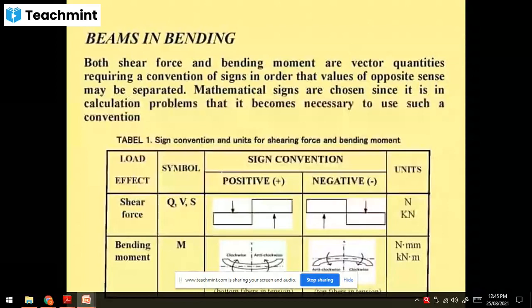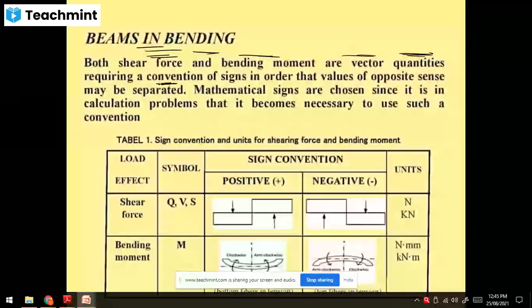Both shear force and bending moment are vector quantities, having magnitude as well as direction. They require a convention of signs, positive or negative, so that values of opposite nature may be separated.